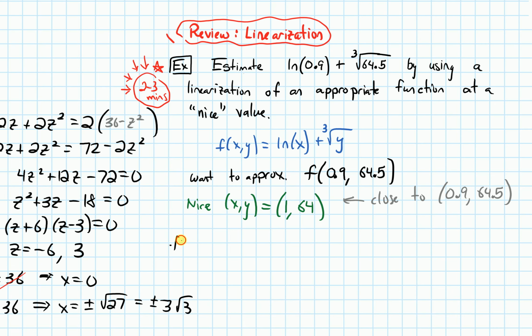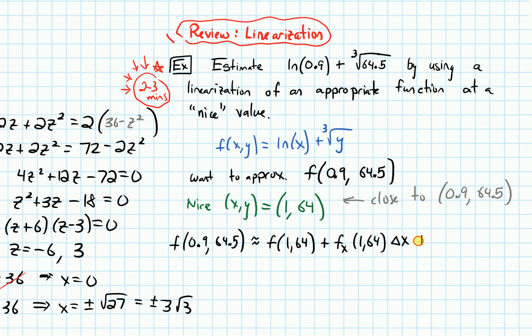So we are trying to approximate f of (0.9, 64.5). Using linearization, this is approximately f of the nice value, f of (1, 64), plus the x partial derivative evaluated at this point (1, 64), multiplied by the change in x, from this nice reference point to our point that we care about.